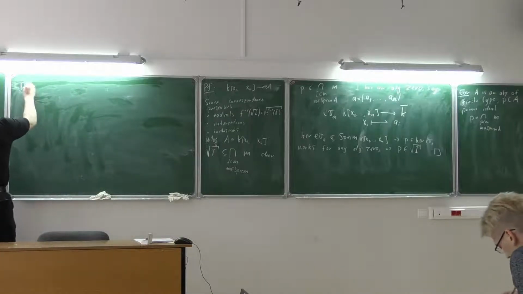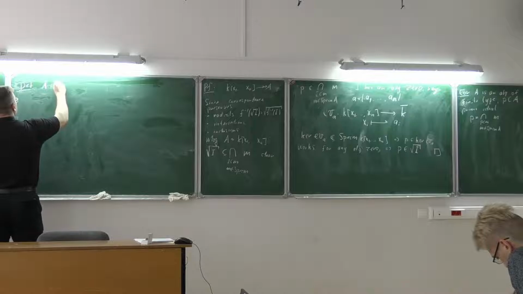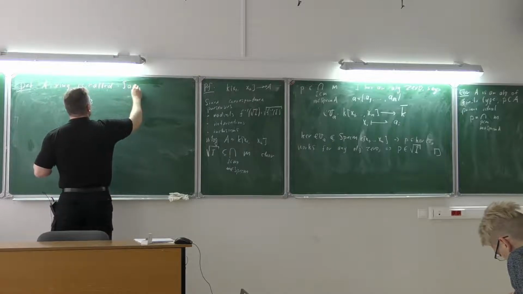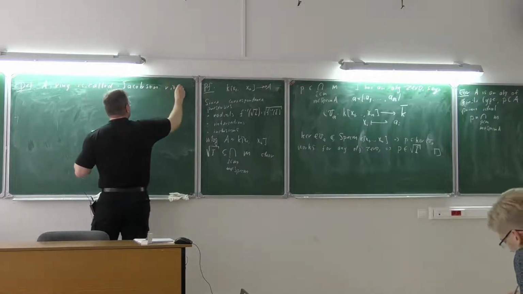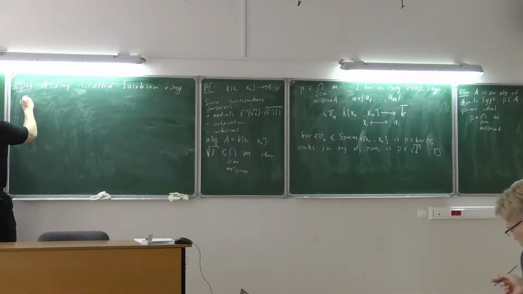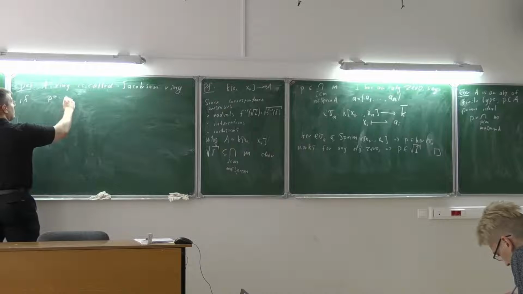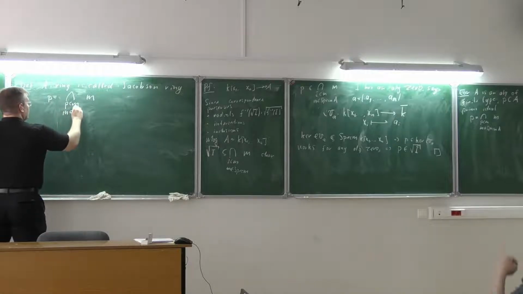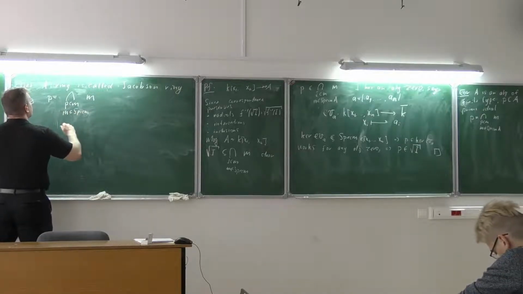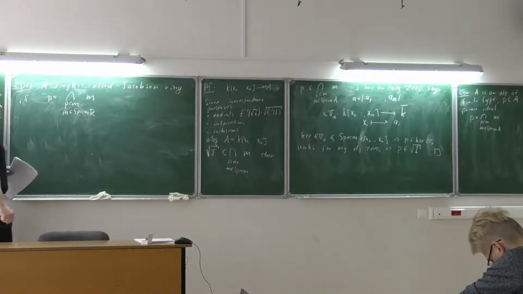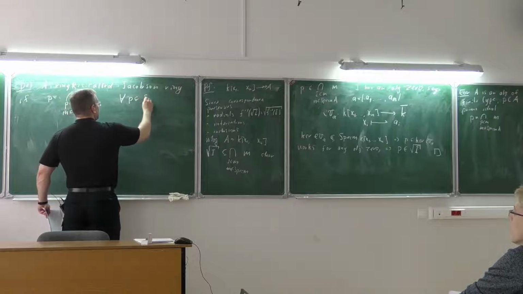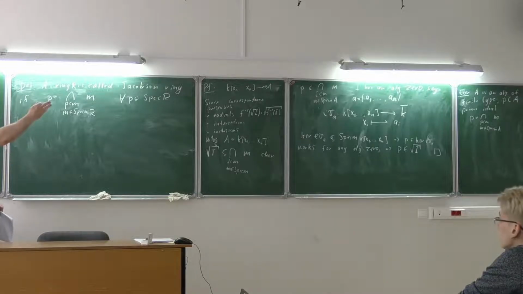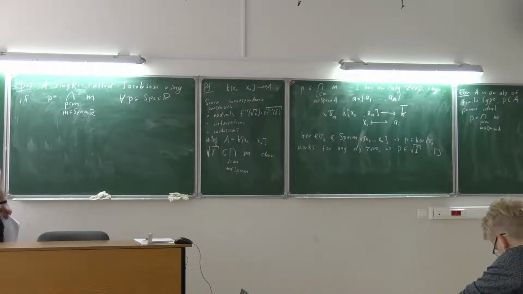Definition: a ring R is called a Jacobson ring if any prime ideal is the intersection of maximal ideals, that is, for any P in Spec R. So I can formulate this last corollary by saying that any algebra of finite type is a Jacobson ring.